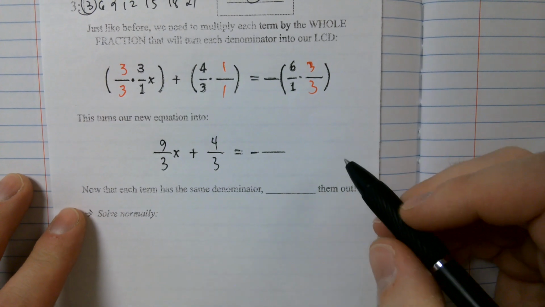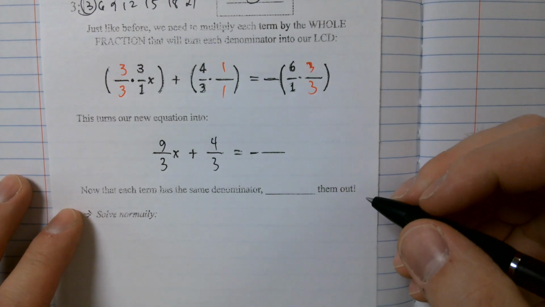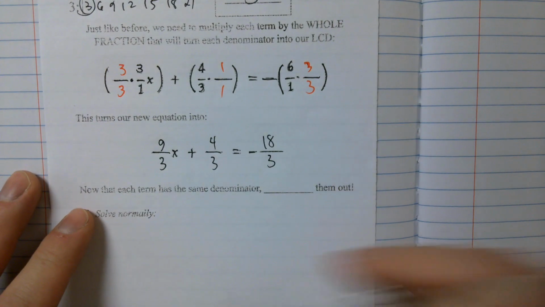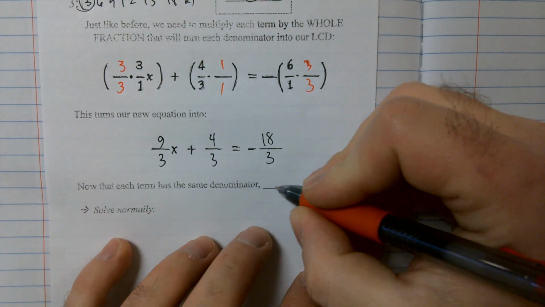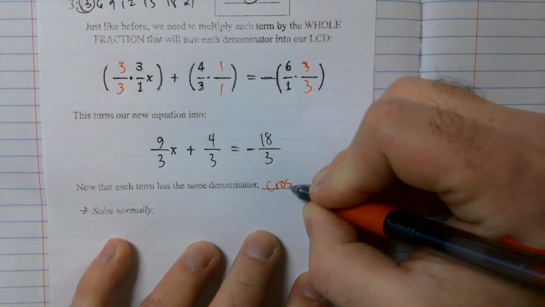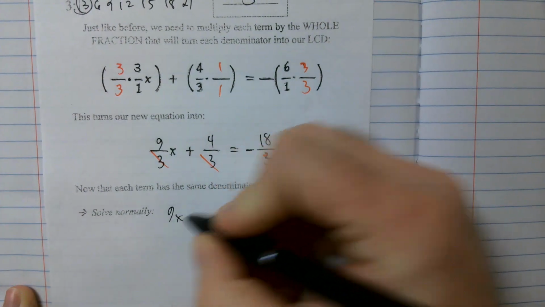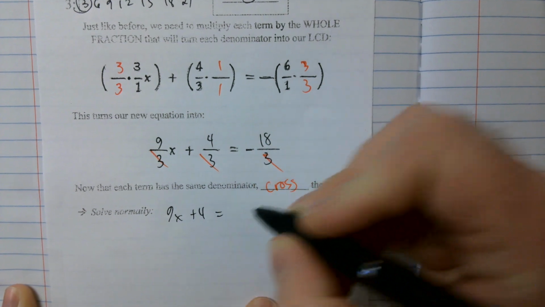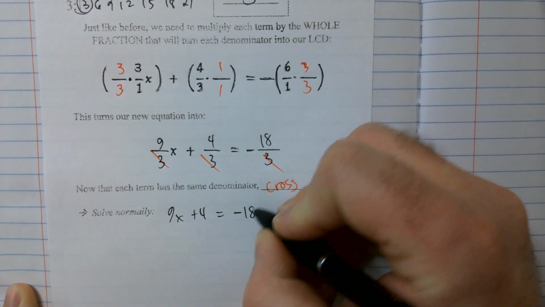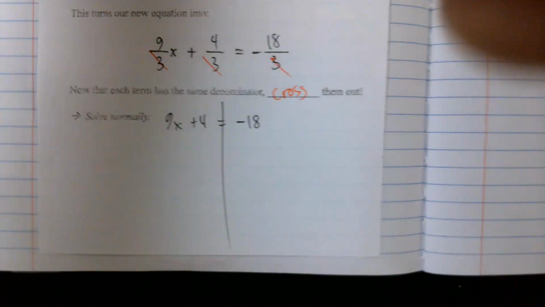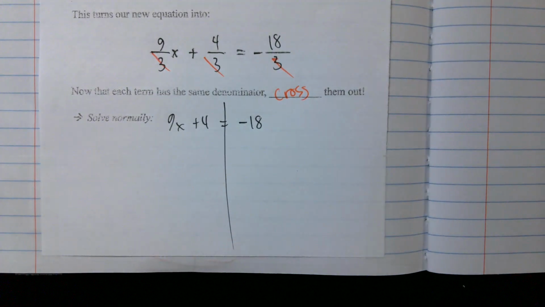Okay, thank you. What was this last term over here? Beautiful. Negative 18 over 3. Now that each term has the same denominator, cross them out. Boom, boom, boom. And we've got 9x plus 4 equals negative 18. And we'll solve that just like normal. What do I want to do first?